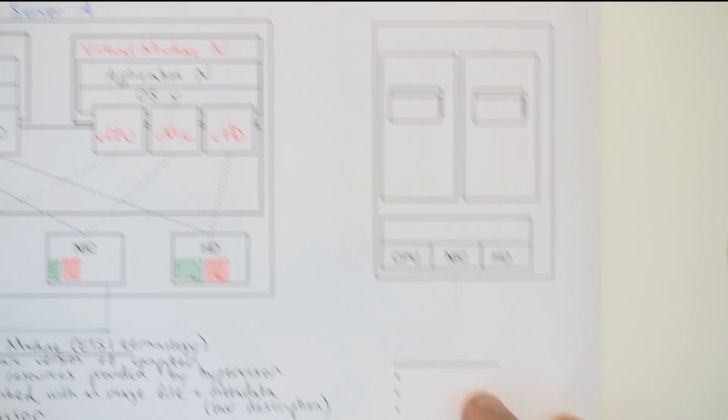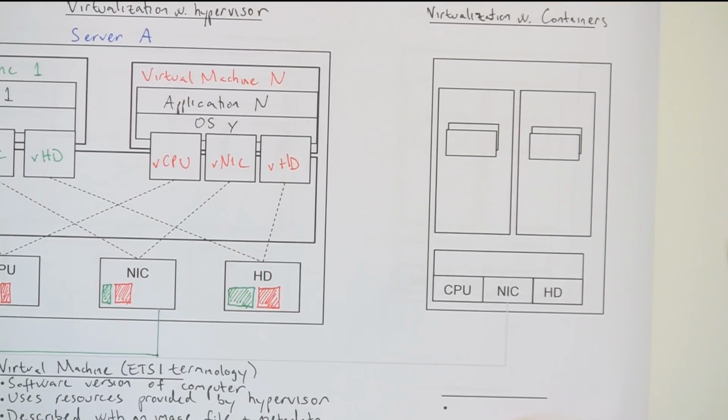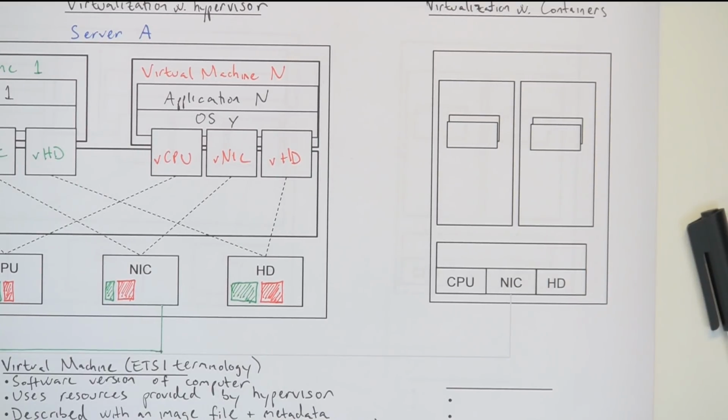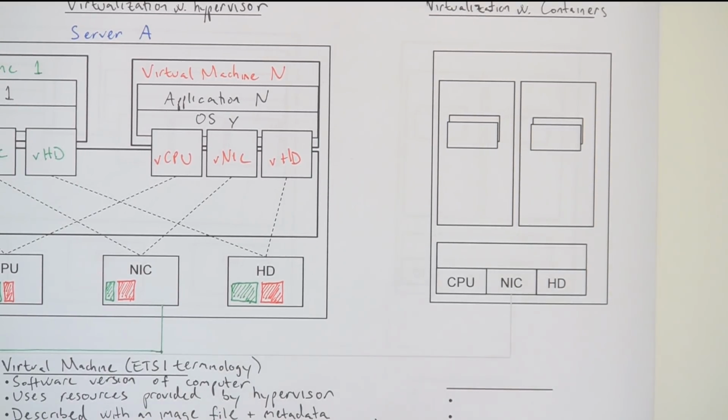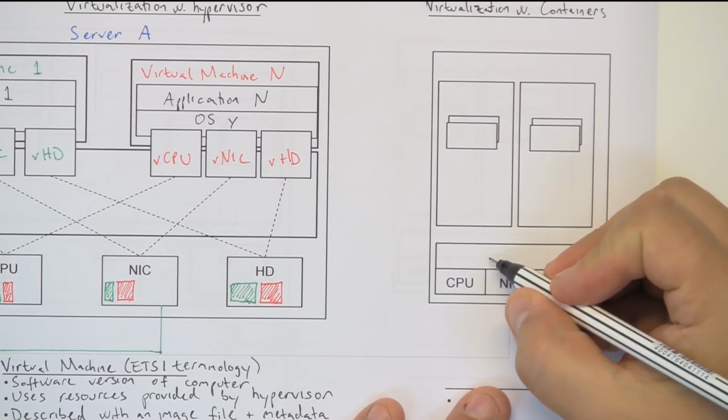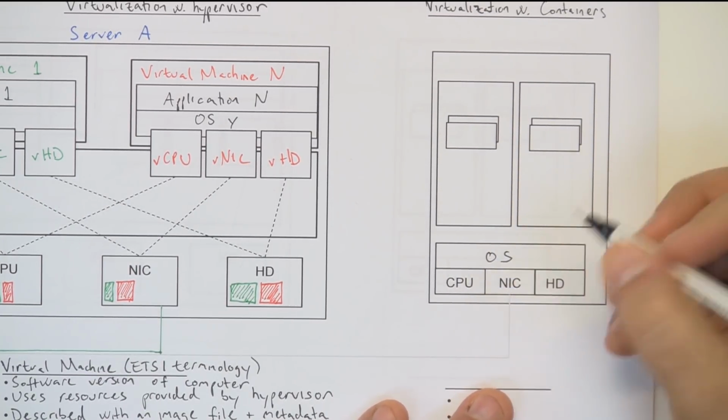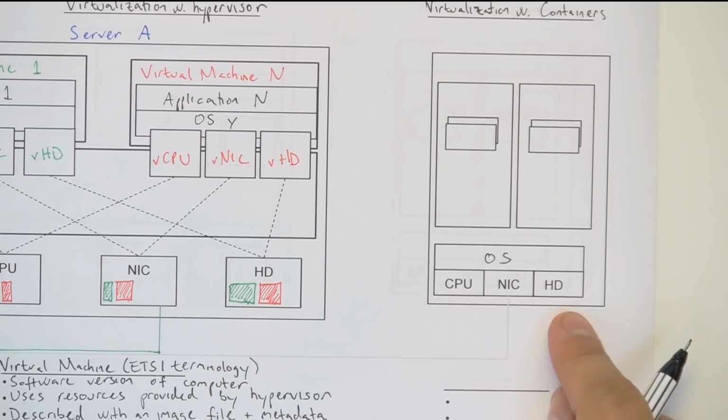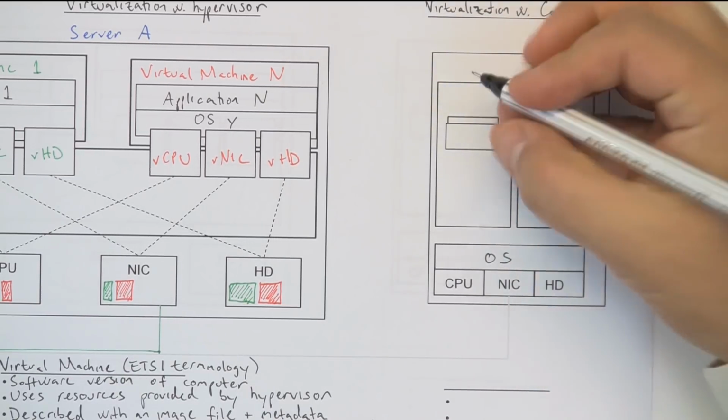So we have virtualization with containers, and essentially I won't put anything very much new here that wasn't in the presentation. We have one operating system down here having access to its physical resources. Here we can run containers.